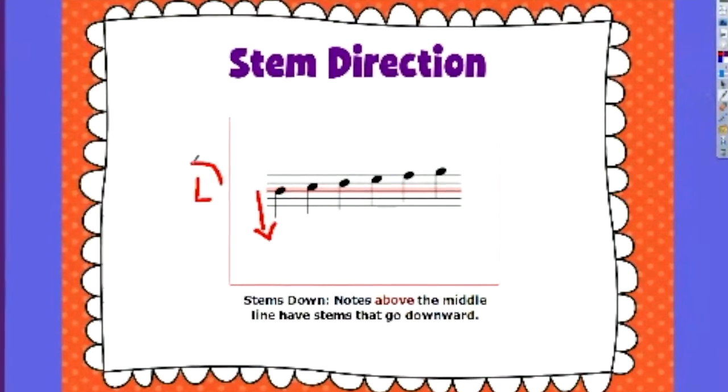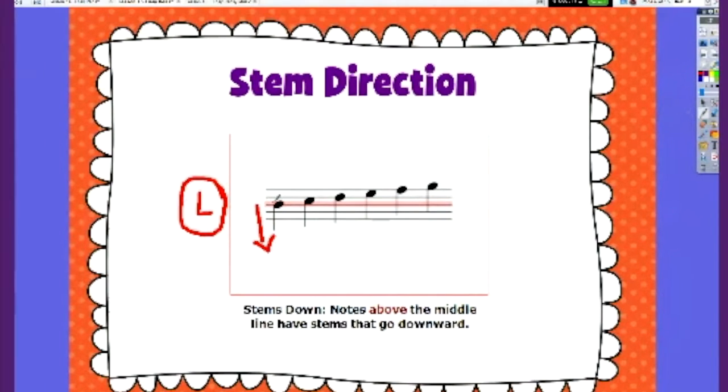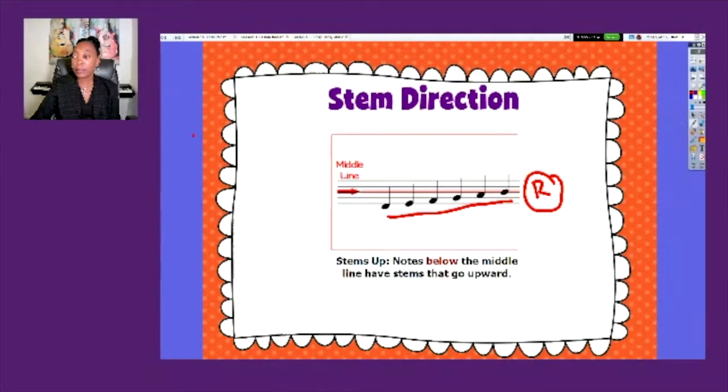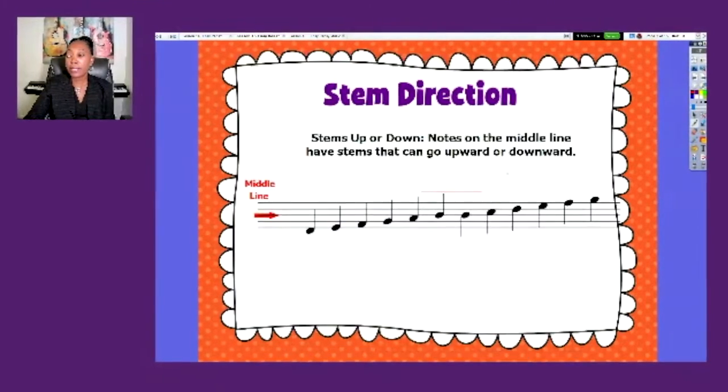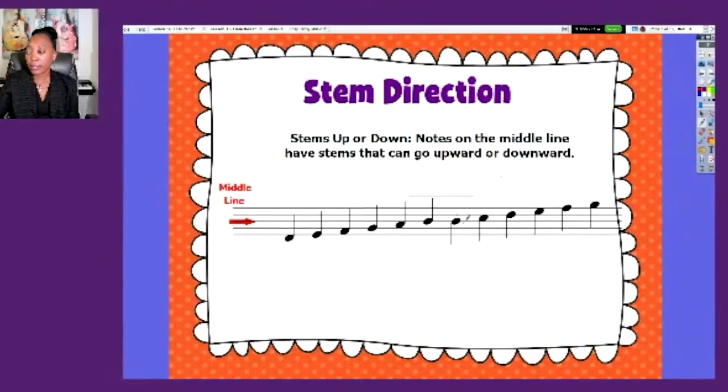To the left. And I'll put an L in a circle. So if they're above the third line, it's going to go down to the left. If the notes are below the third line, the stems are going to go up to the right.